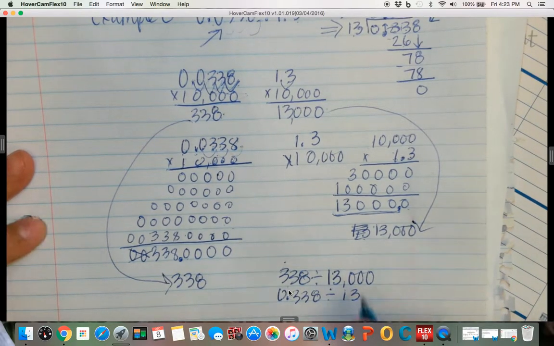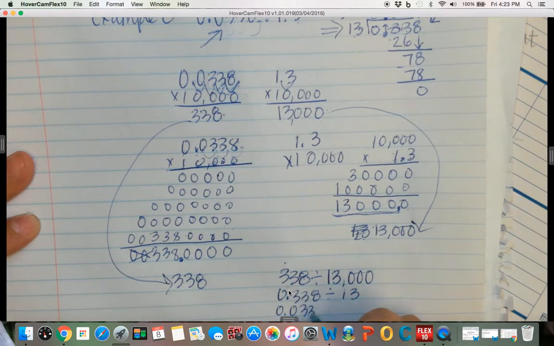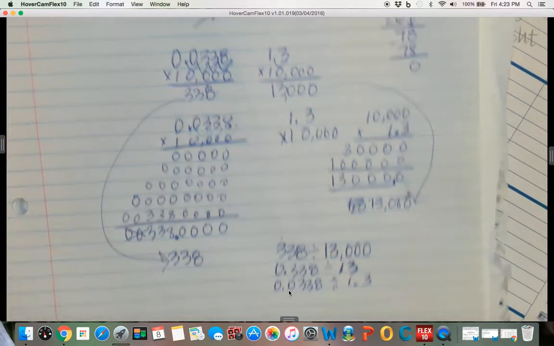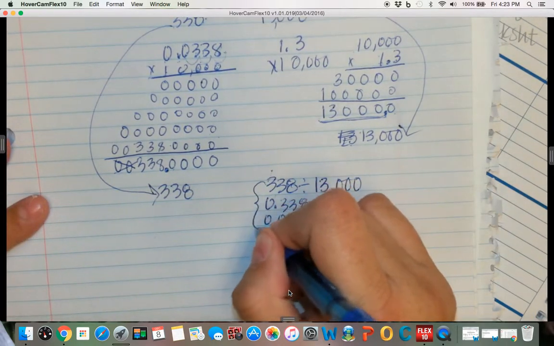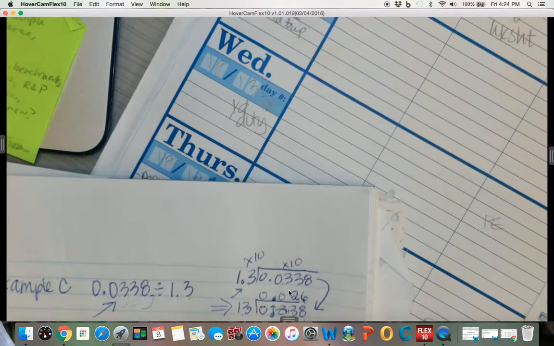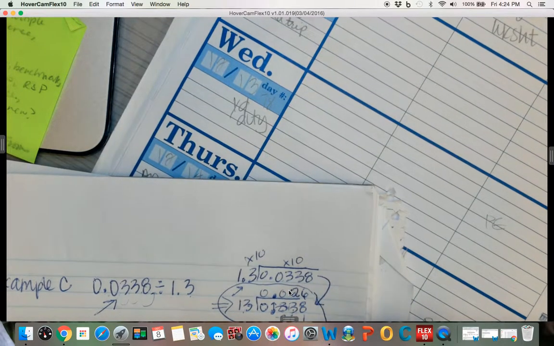It's also going to be the same as 0.0338 divided by 1.3. All of these give us the same answer. I did it here. I got 0.026 or 26 thousandths.